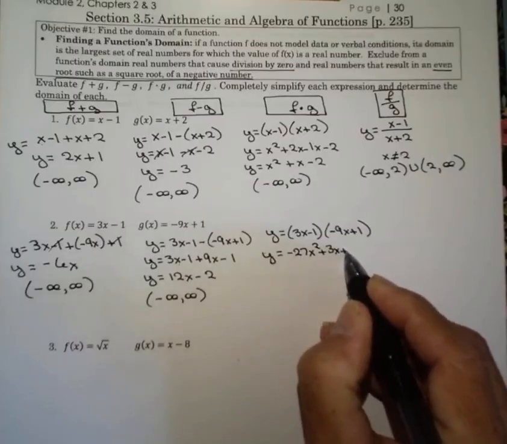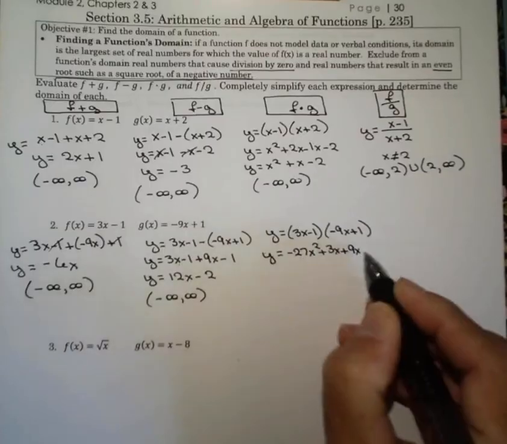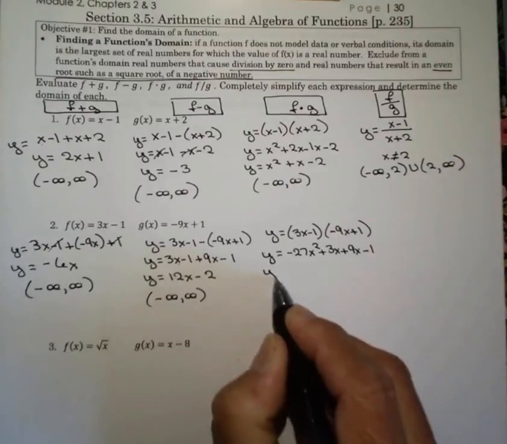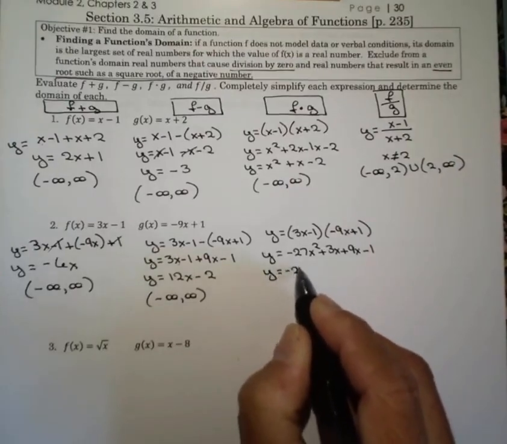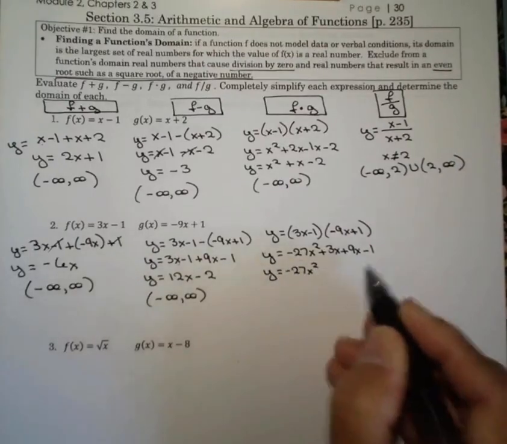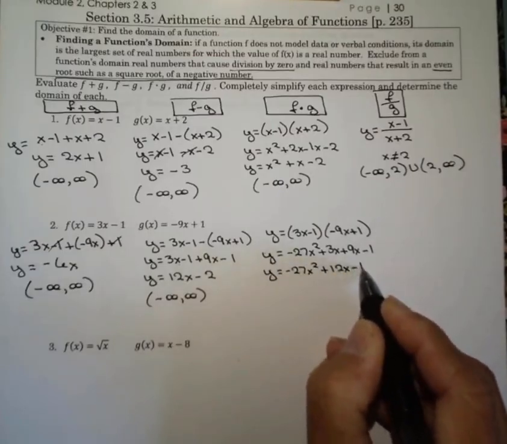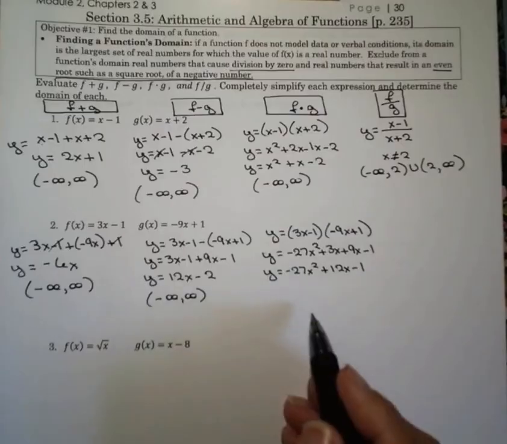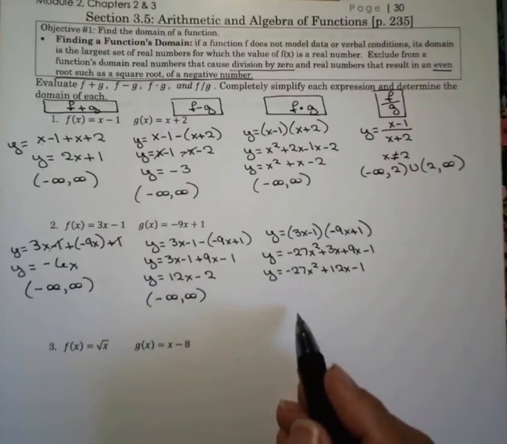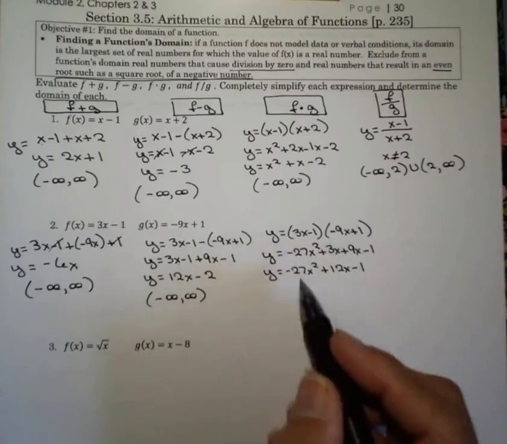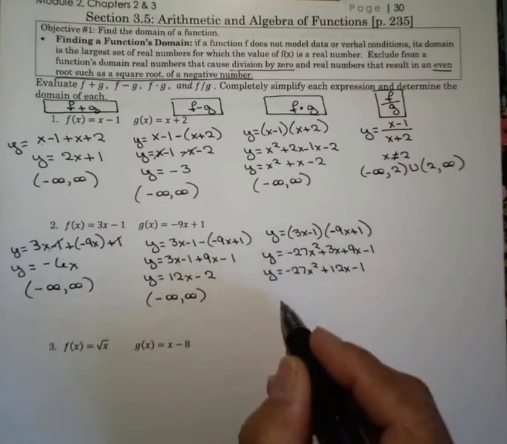I'll get a positive 9x when I go inside. And I'm going to get a -1. Now I'm ready to combine like terms. And 9 plus 3 is going to give me 12x minus 1. And that looks like it's the final format of my multiplied functions together.